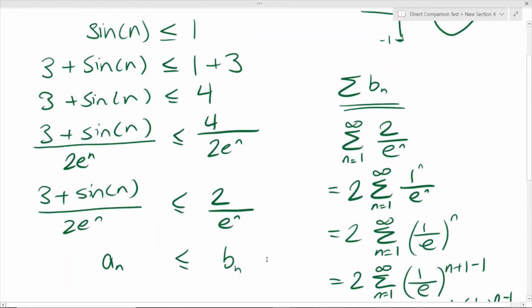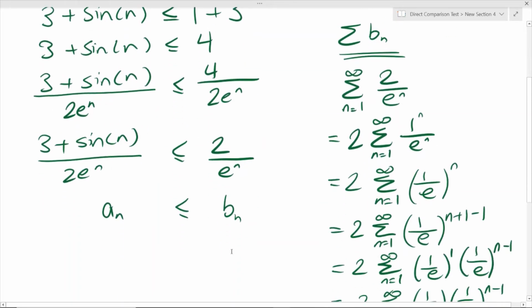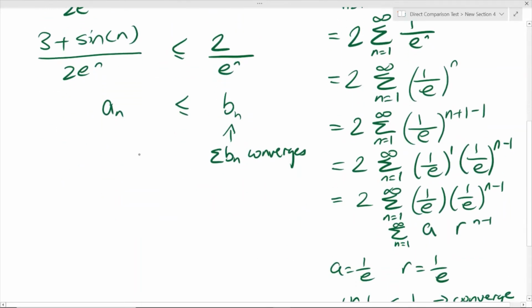And since Bn is greater than an, and Bn converges, then that makes our an converge as well.